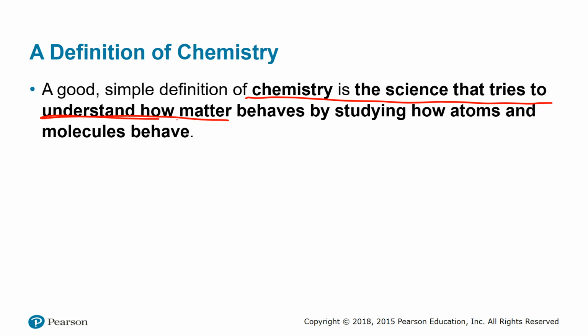So our goal in here is to look at and discover why some elements react with other elements, why some elements don't react at all, why we have to be careful with certain things around fire, why some things never catch on fire.